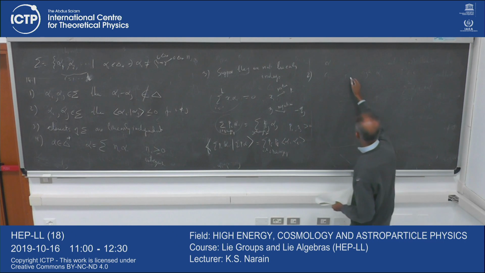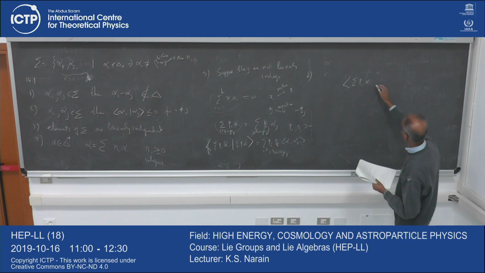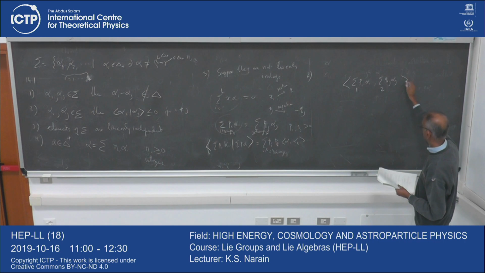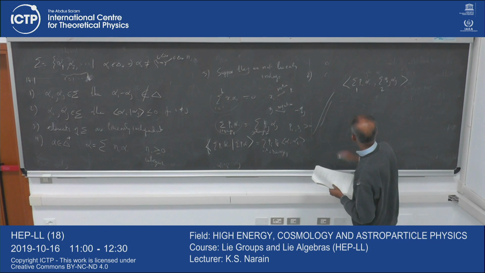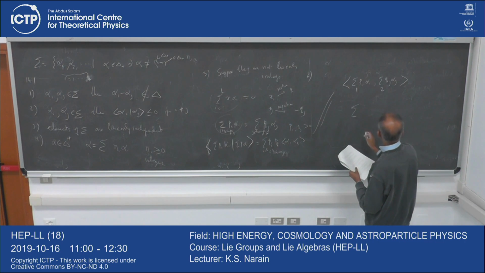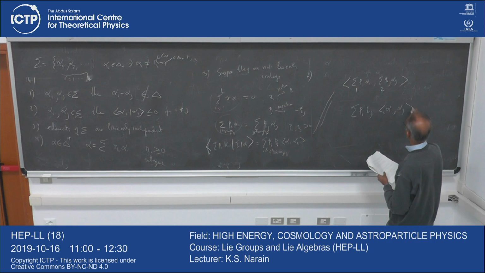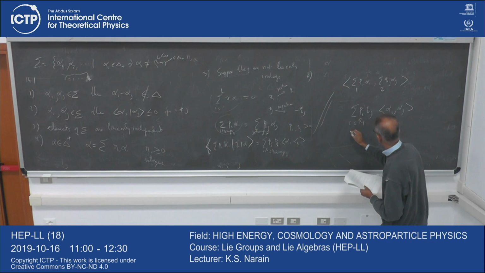So this quantity is the same as the sum over pi alpha i with the sum over qj alpha j, where i is in range 1 and j is in range 2.